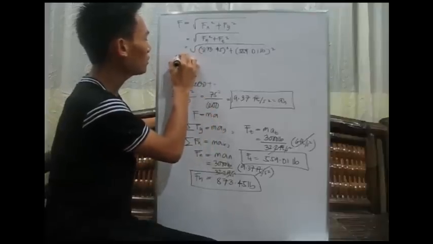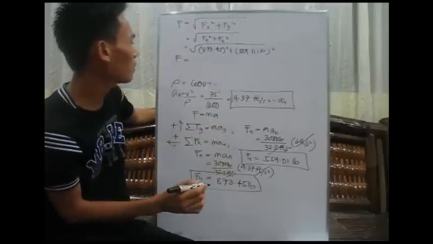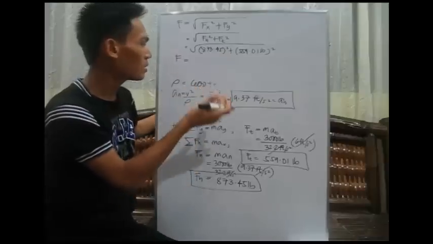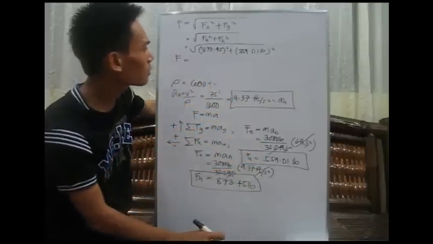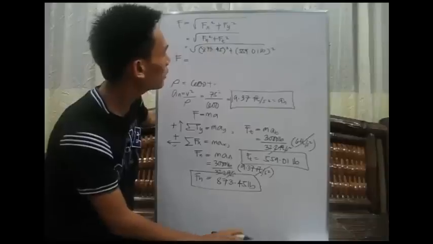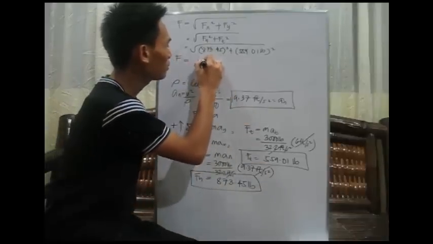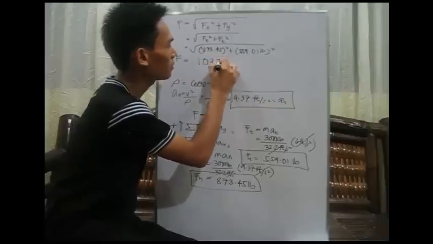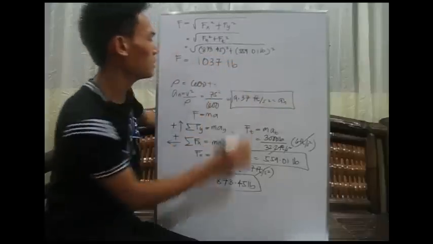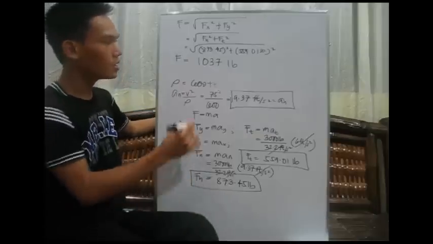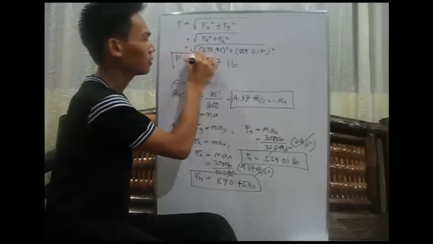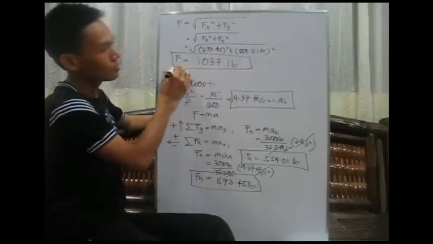To compute the magnitude of the resultant frictional force, our answer will be 1,037 lb. This will be our final answer.